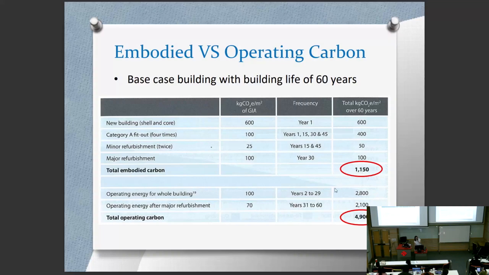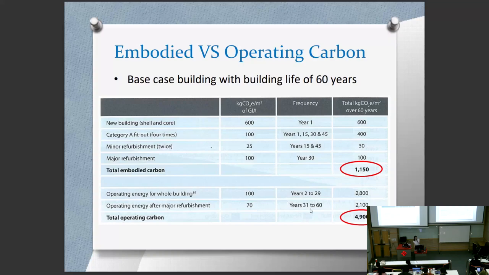Calculating the total, from year 2 to 29, there are 28 years, so 100 multiplied by 28 years. So the total operating carbon in 28 years will be this value.